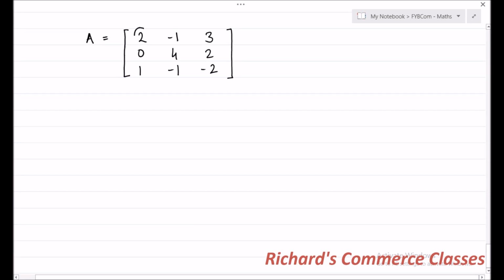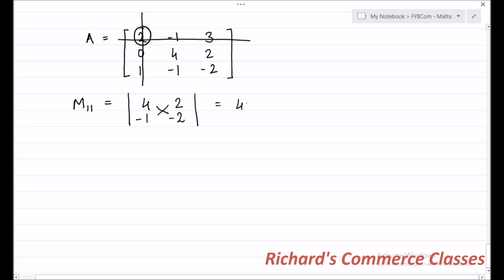Starting with the first element, this will be M11, and that is equal to, now delete the row and the column in which 2 is included, and the remaining elements will form a 2 by 2 matrix. 4, 2, minus 1 and minus 2. Now how do you solve this? Cross multiply.